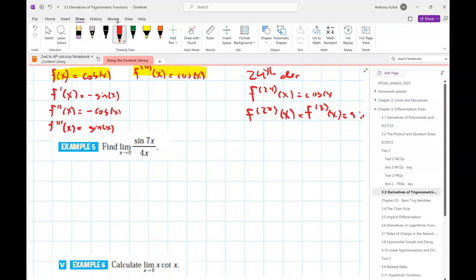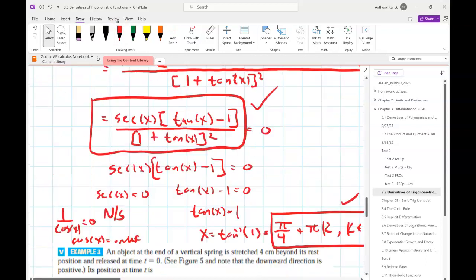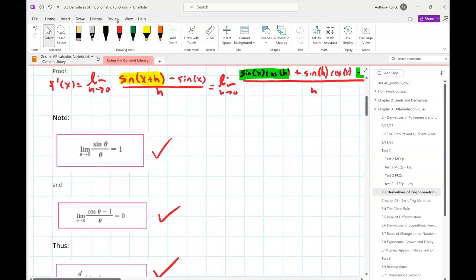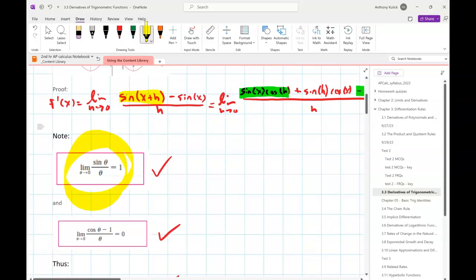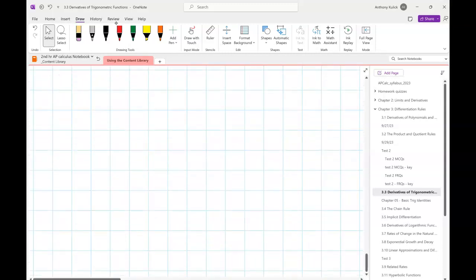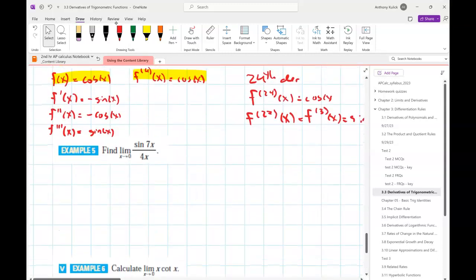What does this limit kind of look like? Sine over the... Yeah, it kind of looks like this one, right? That's what I'm going to make it turn into then. That's going to be my goal. So which one is going to be possible for me to do?